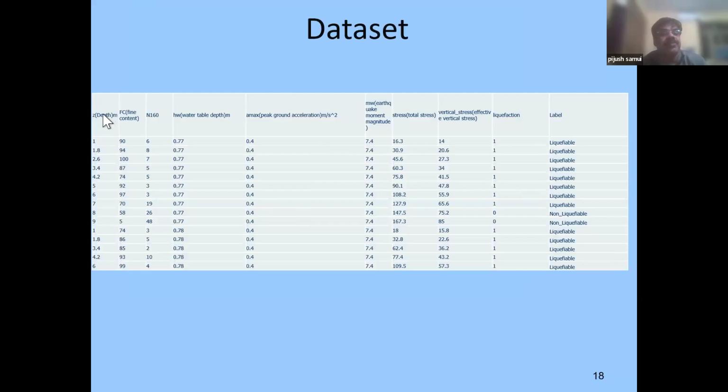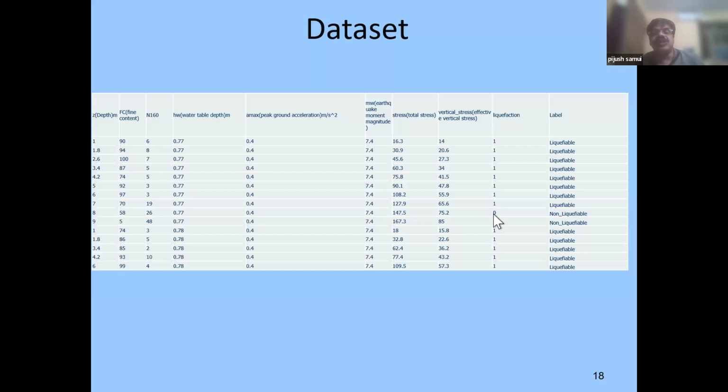Here we have taken the depth of the soil, the SPT value and fine content, and N160. This is the water table depth, and the maximum peak ground acceleration and earthquake moment magnitude MW, and the total stress and the vertical stress, and the liquefaction, whether liquefaction was observed or not. That means when liquefaction is observed, that is 1, and non-liquefaction means 0.